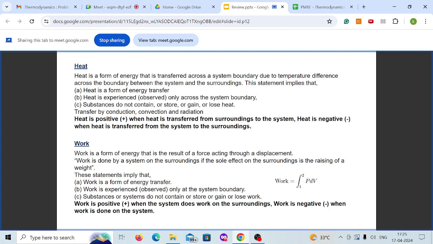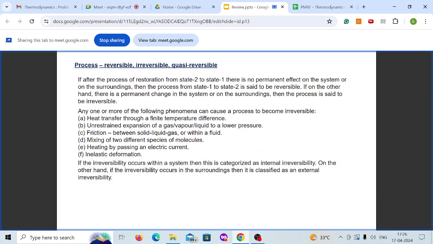So these values differ based on the process which is occurring, or the path the system is going through, which we saw previously in the quasi-equilibrium process. So if the path of the process changes, then the heat and work value will also change.